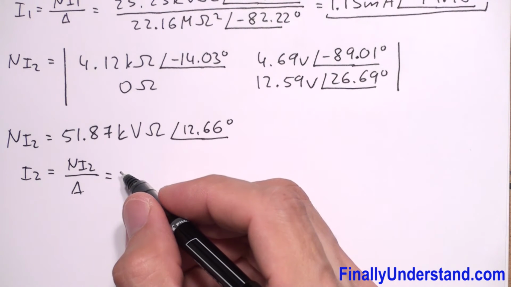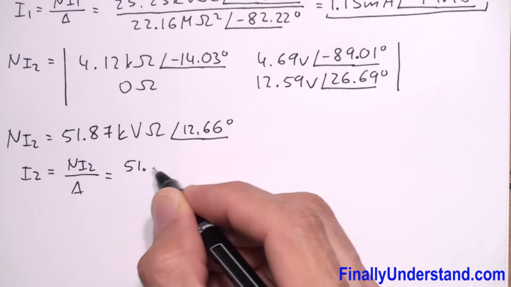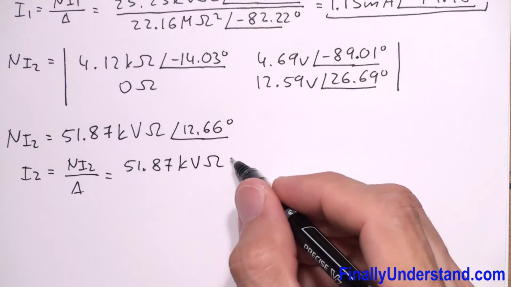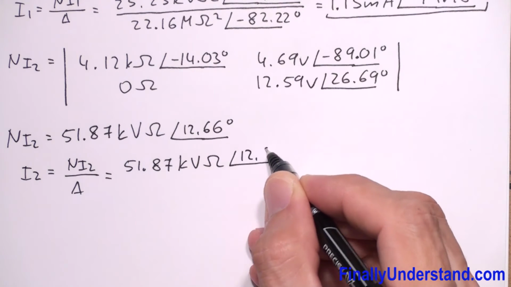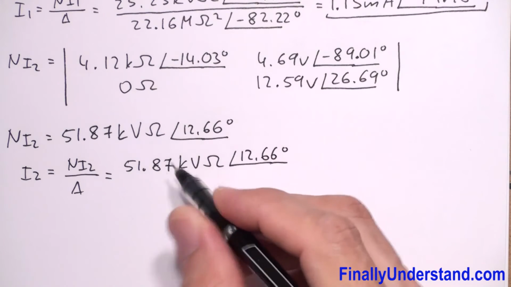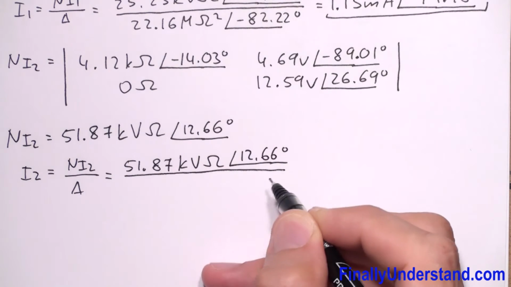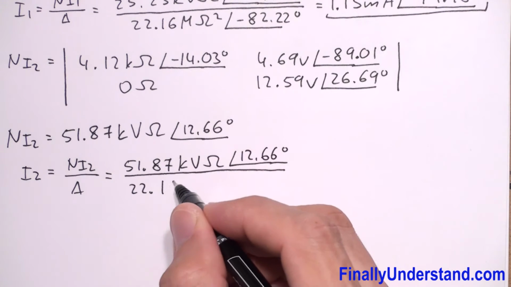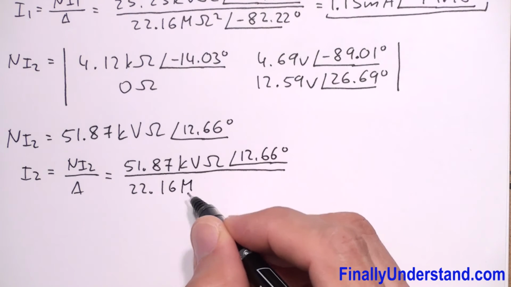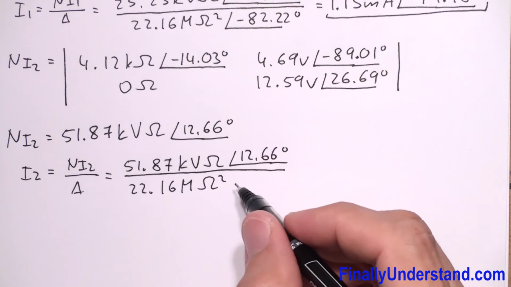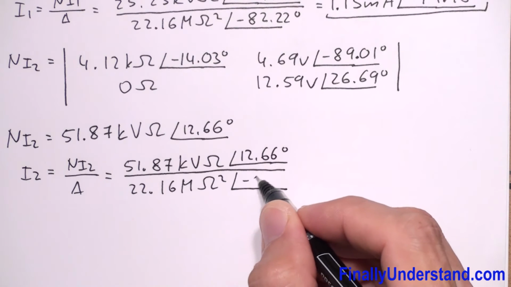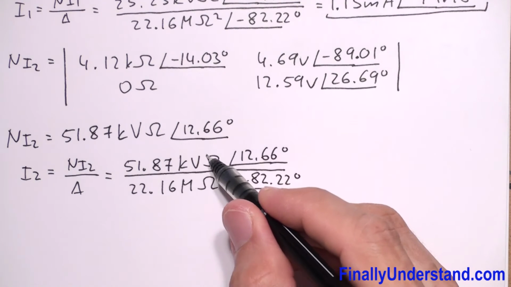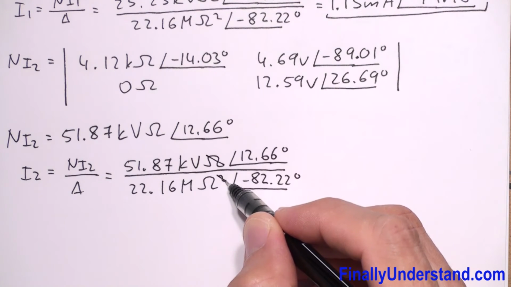NI2 is equal 51.87 kilovolt ohm and angle of 12.66 degrees divided by delta, and we found delta is equal 22.16 mega ohm square and angle of negative 82.22 degrees. Ohm and square will cancel out.